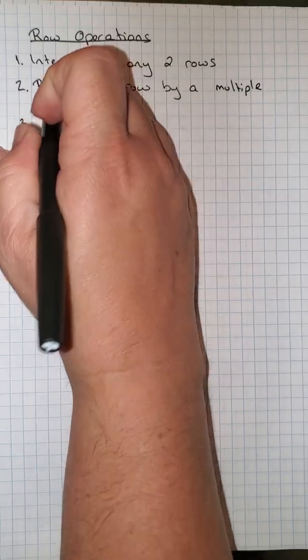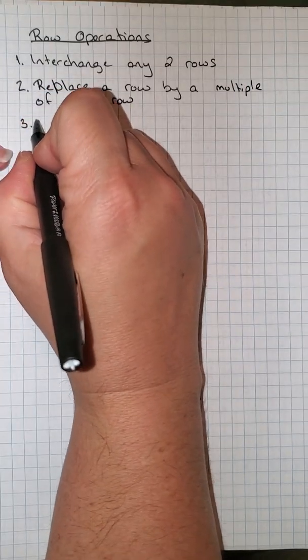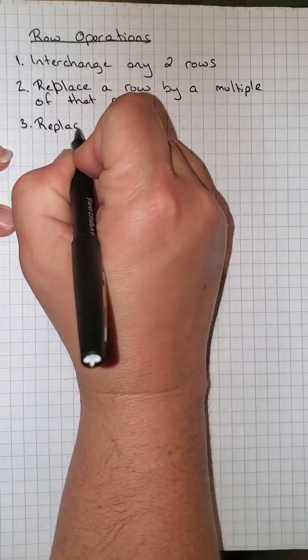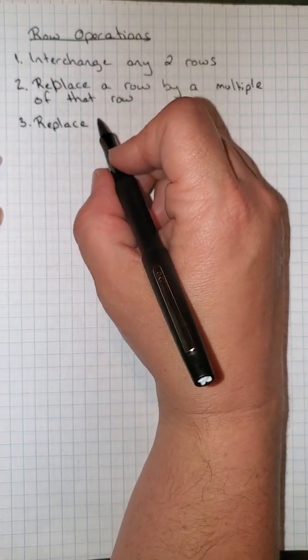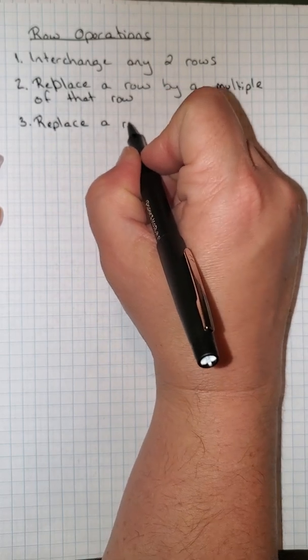And third, you can replace a row by the sum of that row and a non-zero multiple of another row. We'll practice this.